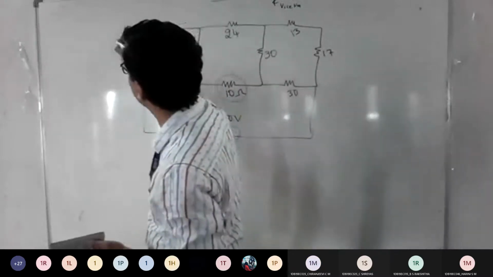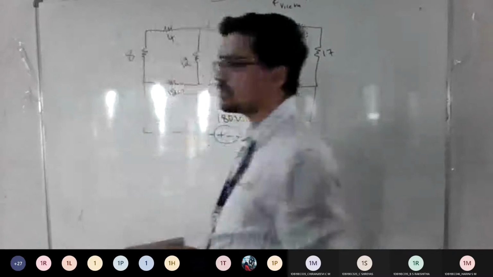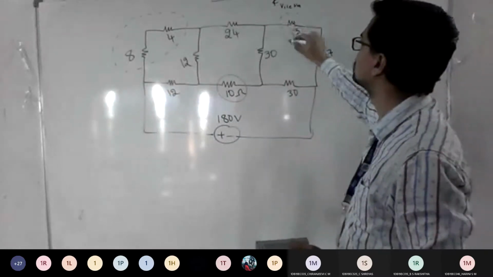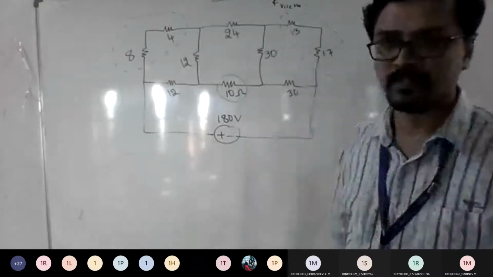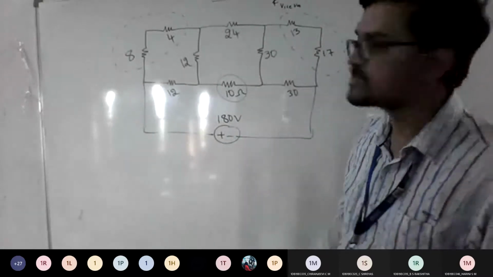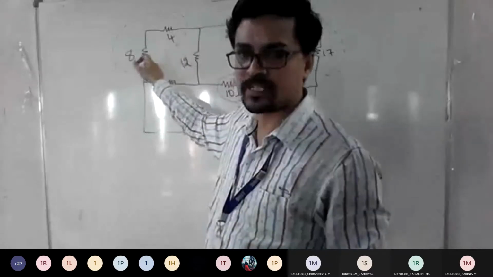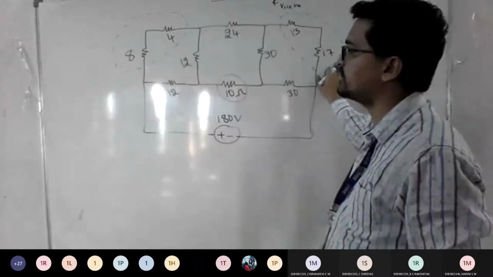Good. So 8 and 4, this is one end. These two are in series, so I can make it one resistor of 12. What about these two? This is also one resistor. Yes or no? So first step is to eliminate these two series combinations and make each one resistor. This becomes 12, and similarly this becomes 30.